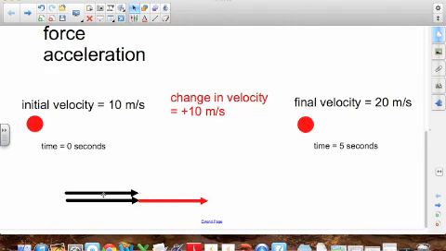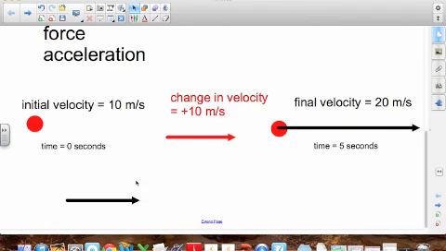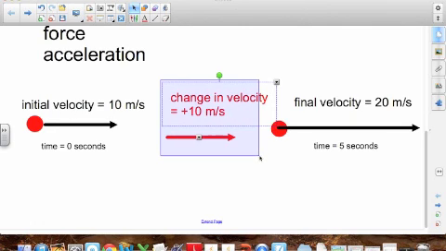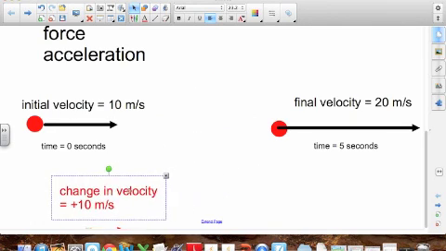So the final velocity vector is going to be about that long. Okay? It's no longer fitting on my screen. There we go. Now I'm just going to take this down here. Okay? Change in velocity.